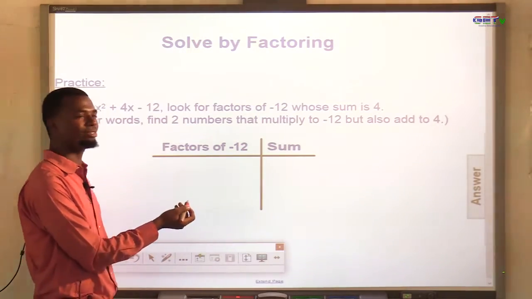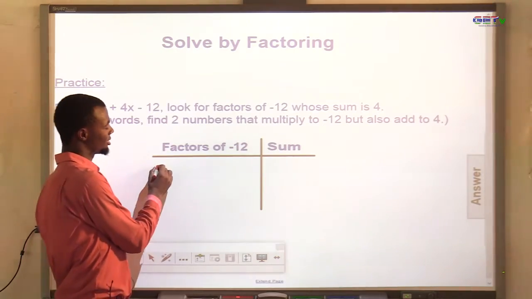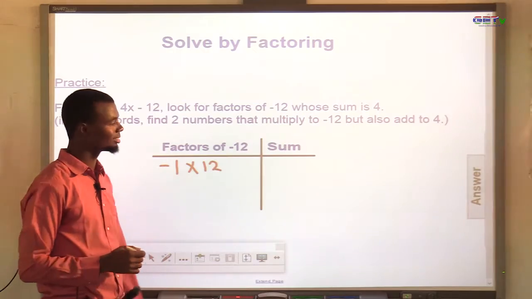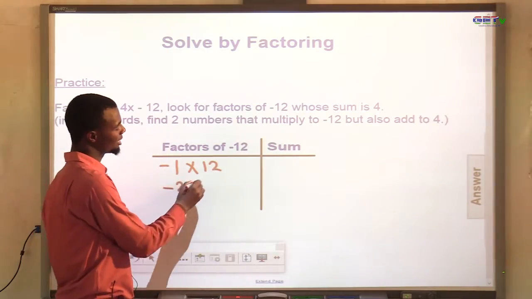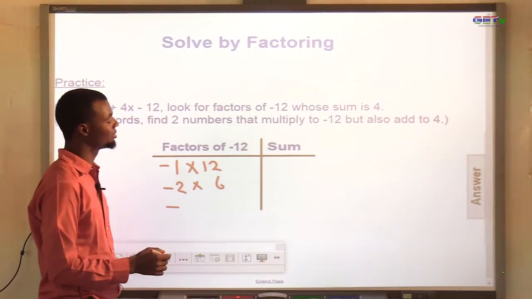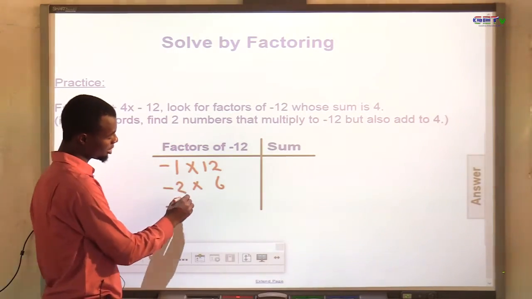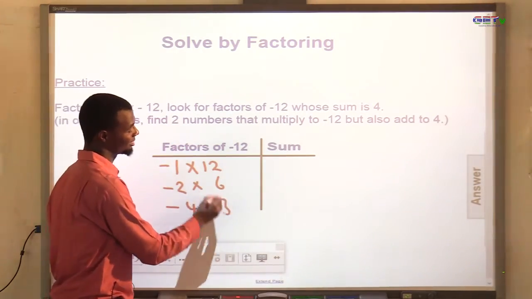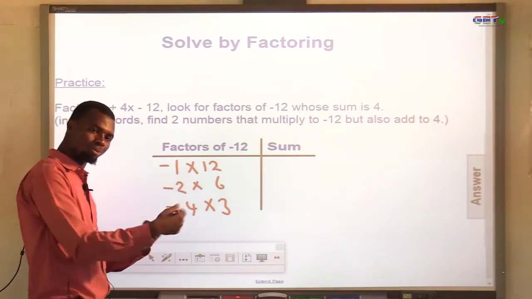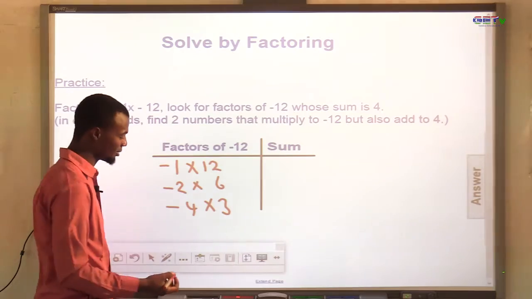Factors of negative 12, we start with negative 1 and 12. We can have negative 2 and 6. We can have negative 4 and 3, or the other way around. The other number becomes negative when the first one you write is positive.